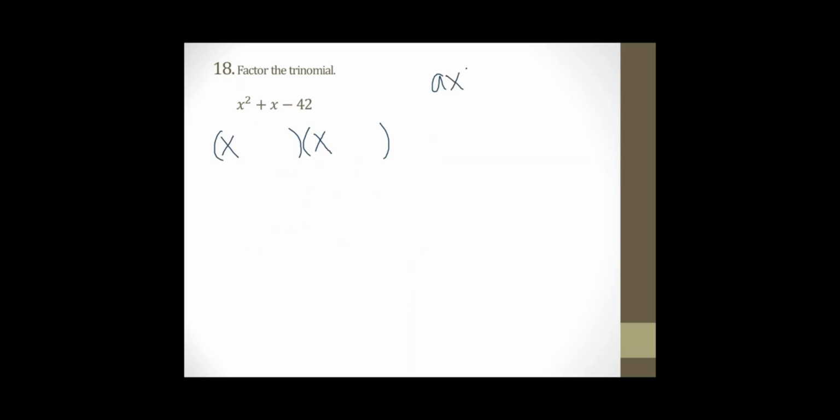Now, this is our standard form. If c is negative, we're going to have different signs in our factors. So basically we want to have a positive and a negative. Now we need to figure out the 2 numbers that multiply to give us negative 42 and add to give us 1.